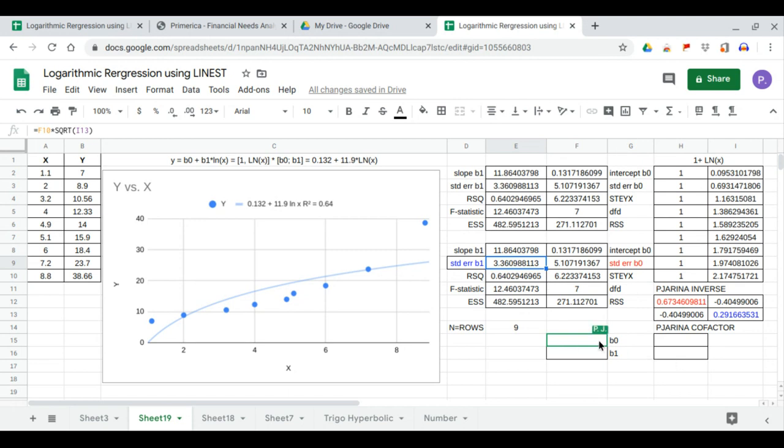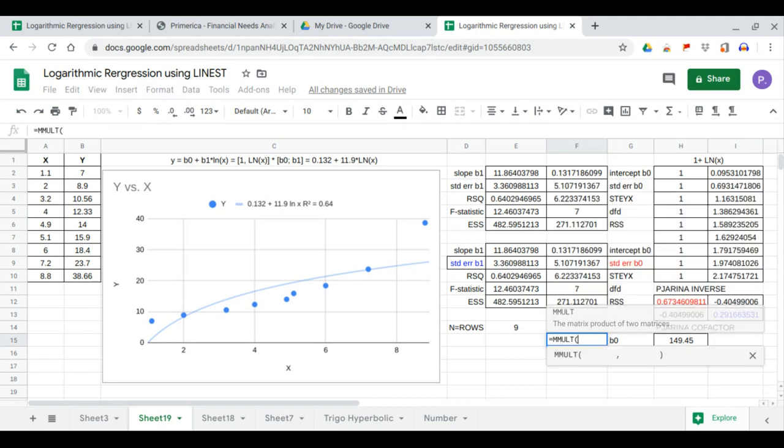And we can continue solving for the coefficients, where you calculate the cofactor, which is MMULT of the transpose of this matrix and the y values. Now that we have the cofactor and the inverse, we can calculate the coefficients, which is equal to MMULT of the inverse and the cofactor.